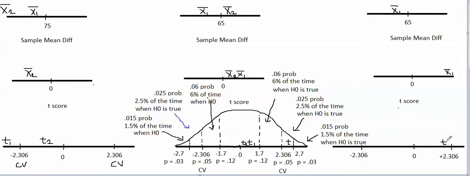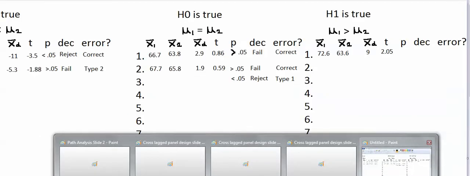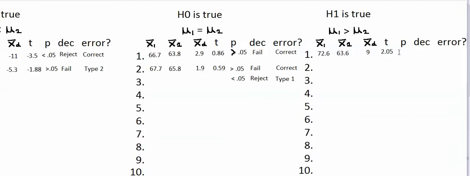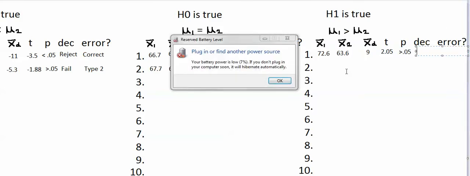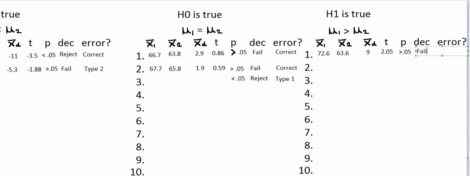The sample means weren't far enough apart for t to be out here in the rejection region, which means we're not convinced enough to reject the null. Since it's in the non-rejection region, p is actually above 0.05, which means that the decision is to fail to reject. And once again, if you fail to reject H0 and H1 is true, it's a type 2 error.